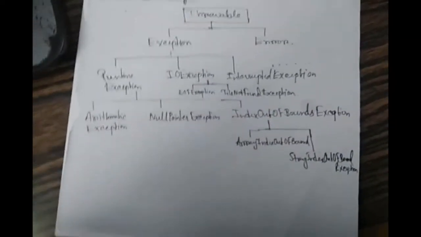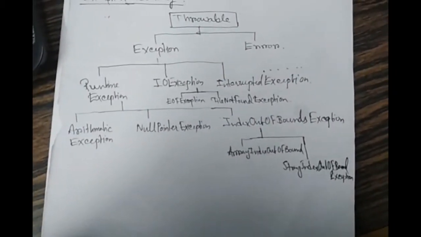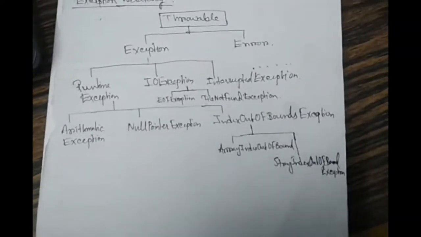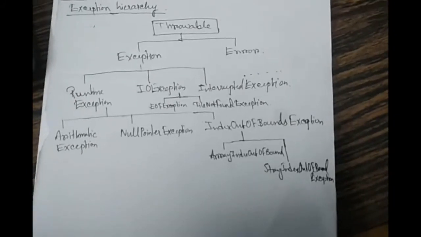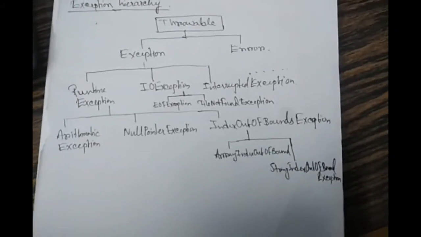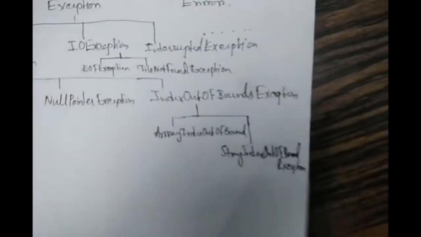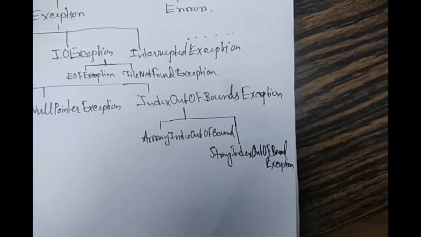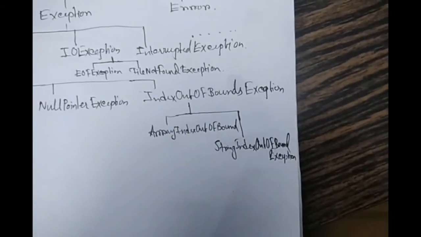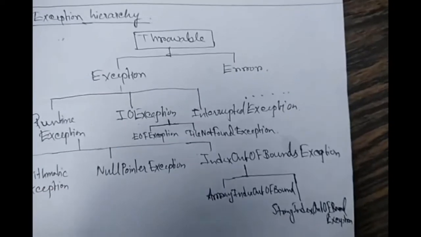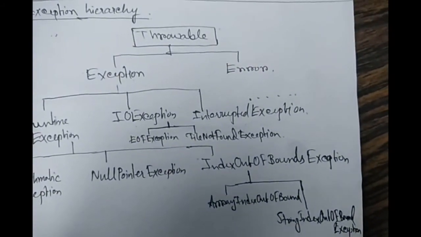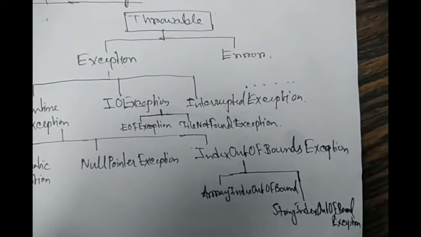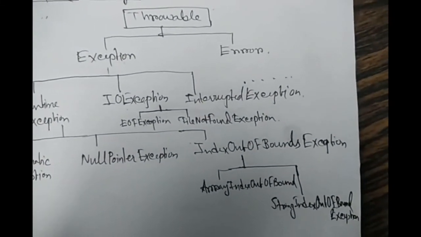Runtime exception can be subclassed into arithmetic exception, null pointer exception, index out of bounds exception, etc. Index out of bounds exception can have child classes like array index out of bounds, string index out of bounds. Likewise, IO exception class has child classes like EOF, that is end of file exception, file not found exception, etc.